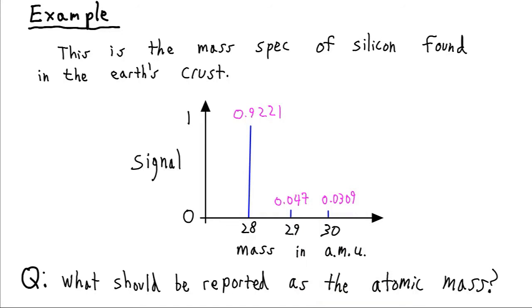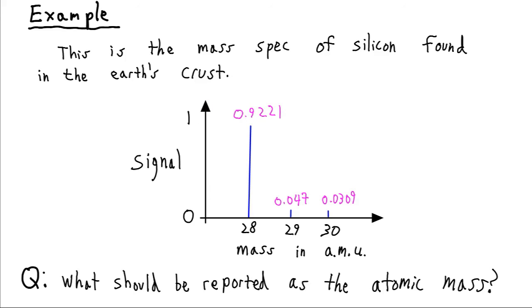I have done my best here to depict the mass spectrogram of silicon found in the Earth's crust. Our signal, since we're dealing in fractions, can vary from 0 to 1. 1 is the largest possible fraction you can have, or 100%.